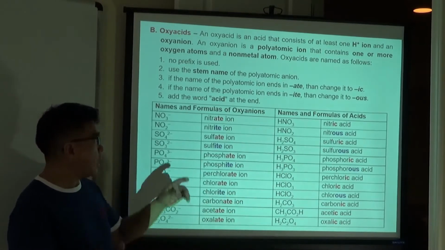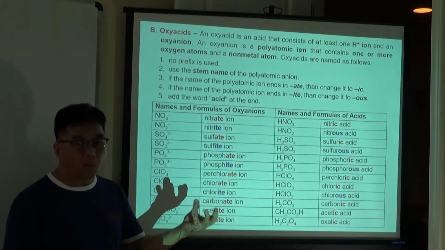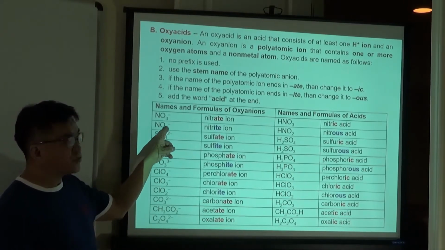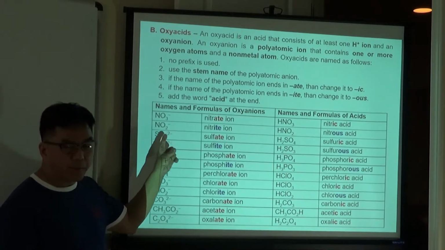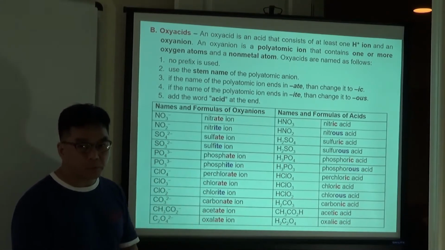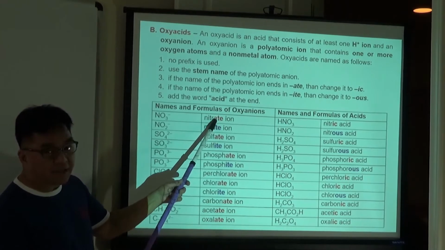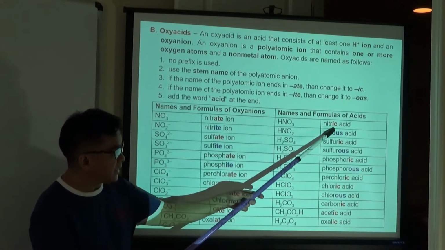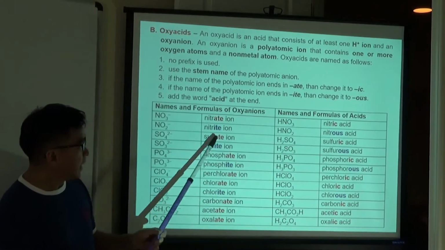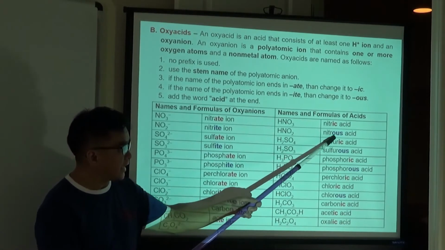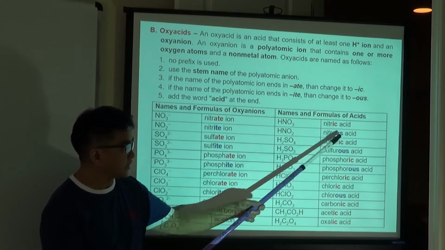Okay, so this polyatomic ion can couple with one or more hydrogen ions depending on how many negative charges it has. If it has one negative charge, then it couples with just one hydrogen ion. And you notice here that the ATE ion becomes the ic acid, and the ITE ion becomes nitrous acid, OUS.